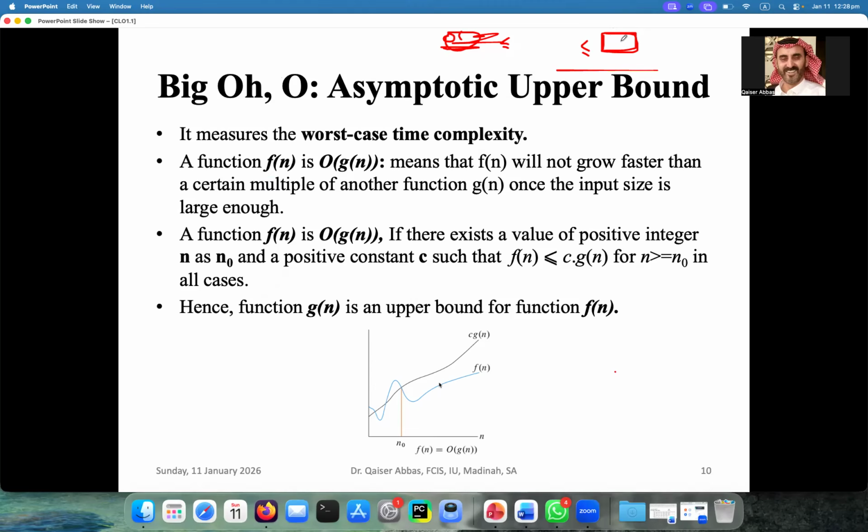This is what it means. So first, big O is representing worst case time complexity. We already know from the previous slide that it is for the worst case. It is the upper bound. Now, theoretical definition and then mathematical definition.